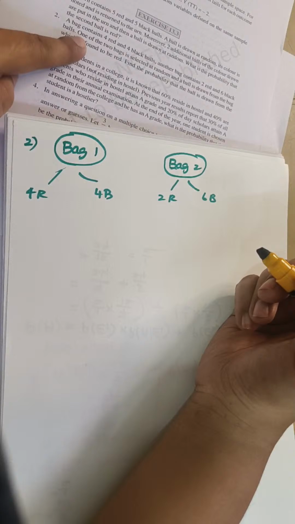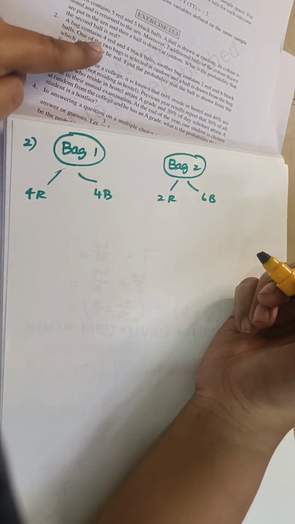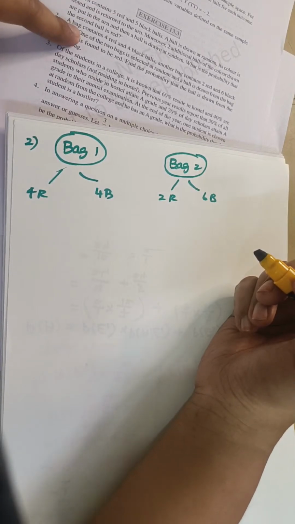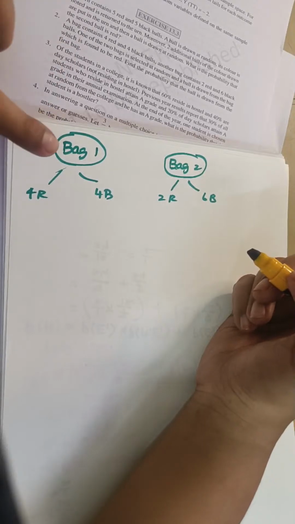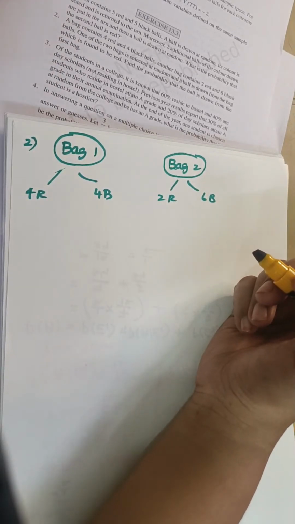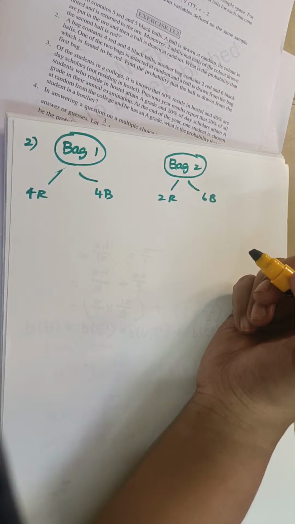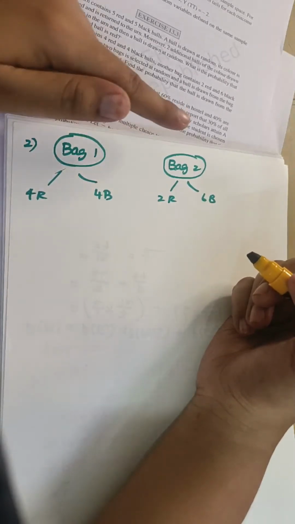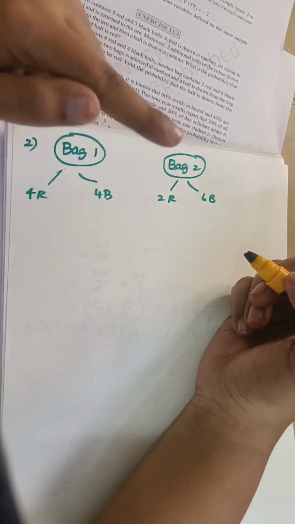So from here itself the question starts. One of the 2 bags is selected. So from there itself the probability started, because either I can choose bag 1 or bag 2. I should find the probability of choosing bag 1 and the probability of choosing bag 2.